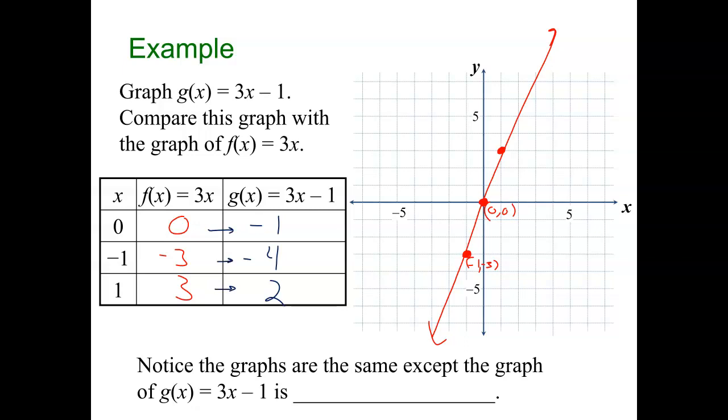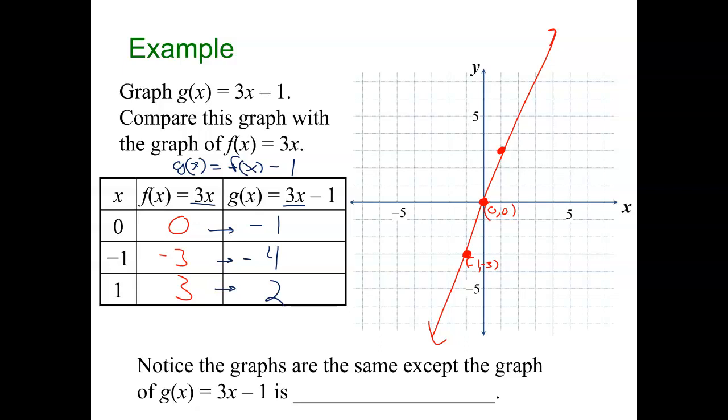It's 1 less. So the rest is the same: 3x is f of x. So I can look at g of x as being f of x minus 1.